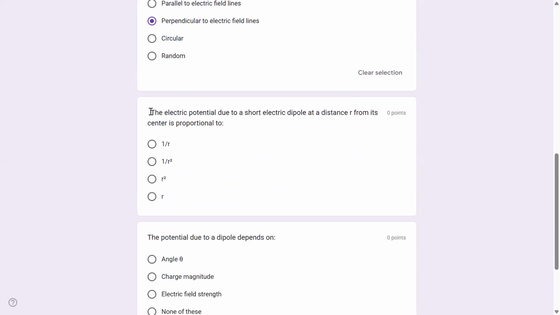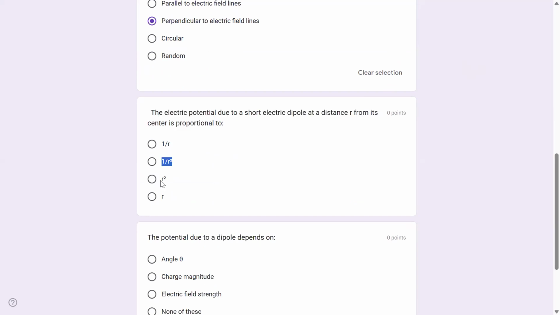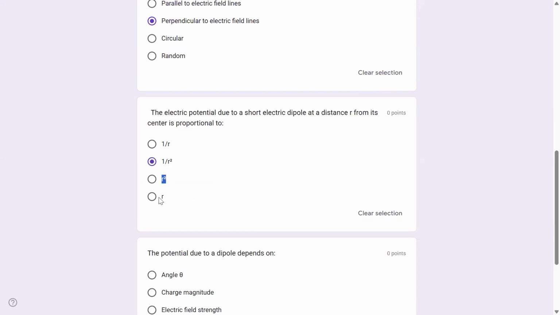Fourth question, very important one. The electric potential due to a short electric dipole at a distance r from its center is proportional to 1 by r, 1 by r square, 1 by r, r square, or r.